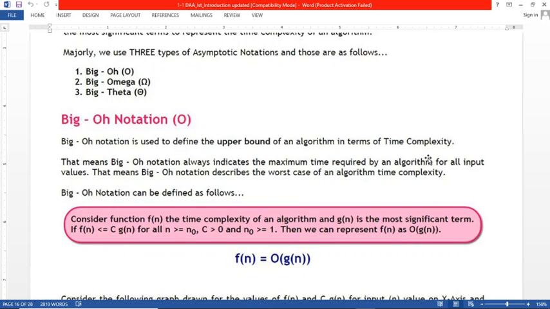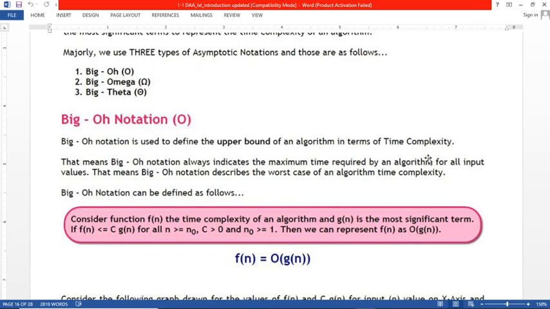The exact time will be 25 minutes, but we say I will reach there in 1 hour. That means we are defining the upper bound. You should not cross more than 1 hour; you have to reach your destination before 1 hour. That is called upper bound. You have to give some maximum value, the maximum time you will take at last.